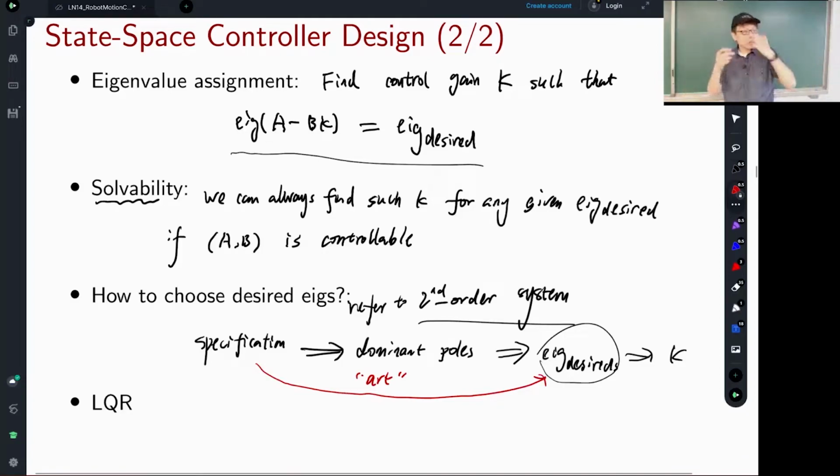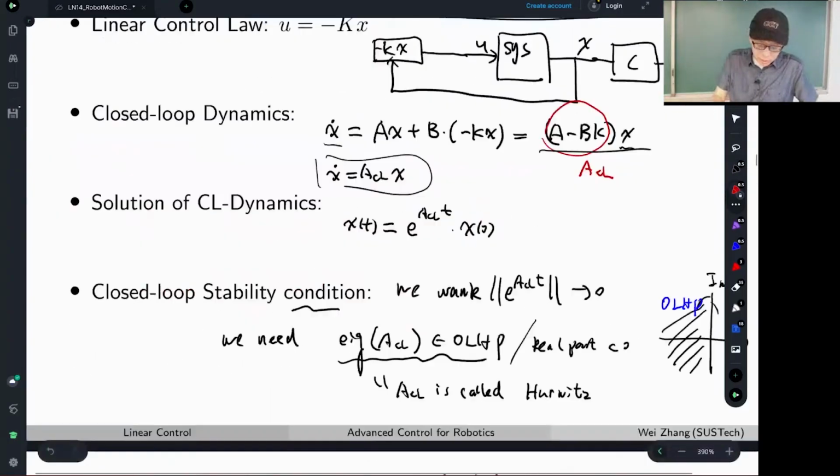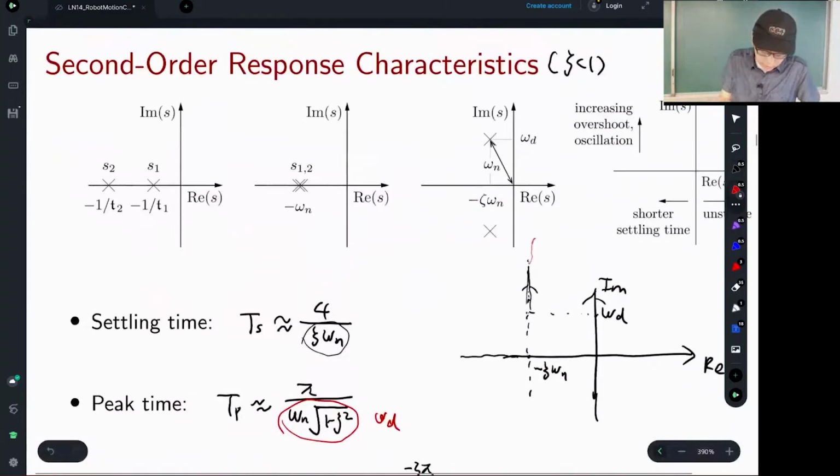Well, the design is typically by engineering experience. It's typically an art, by trial and error, going back and forth. You see that, okay, it's not stable, then you move the eigenvalue further away from the imaginary axis. For example, this axis.